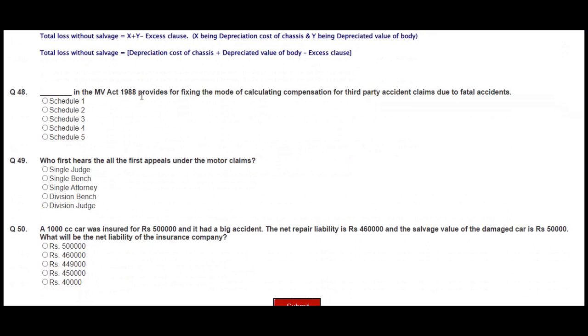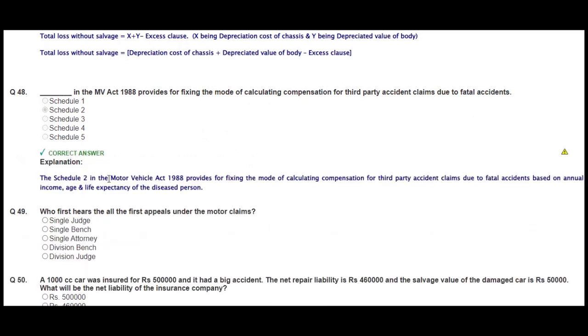The MV Act 1988 provides the mode of calculating compensation for third party accident claims due to fatal accident; Schedule 2 is the right answer. Schedule 2 of the Motor Vehicles Act 1988 fixes the mode of calculating compensation based on annual income, age, life expectancy of disabled persons.